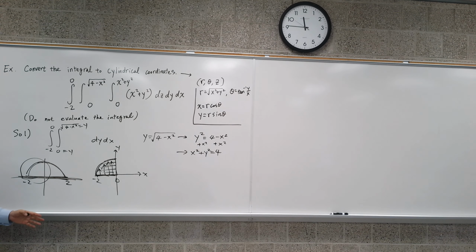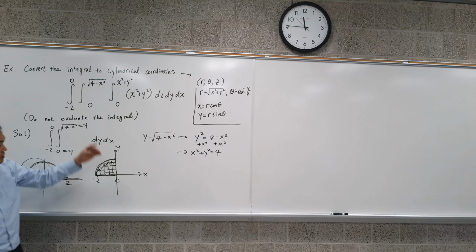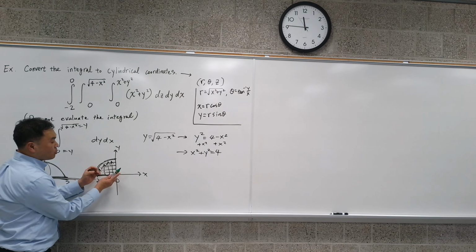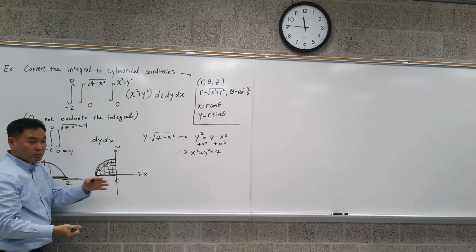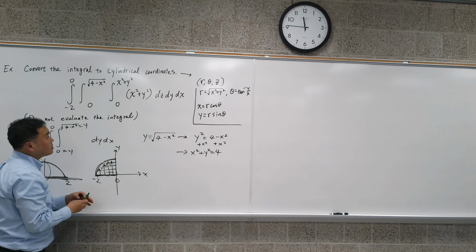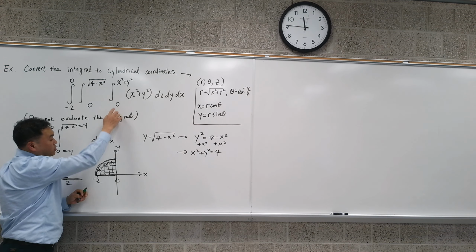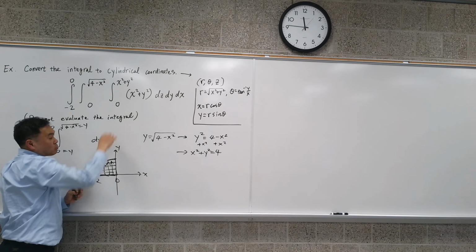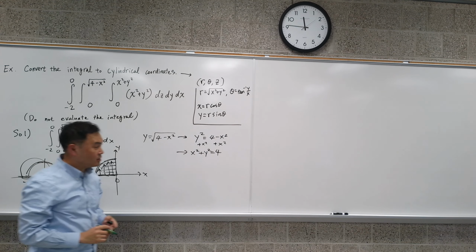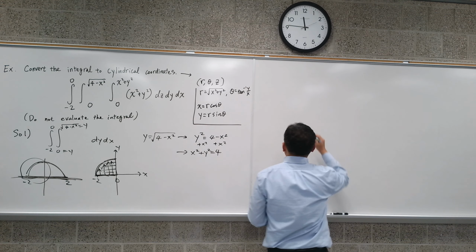All right, so now let's include the z. See, the z coordinate is coming out from the board, right? And then z equals 0 is just the xy plane itself. But then z equals x squared plus y squared, what's that? Do you remember the shape of z equals x squared plus y squared?